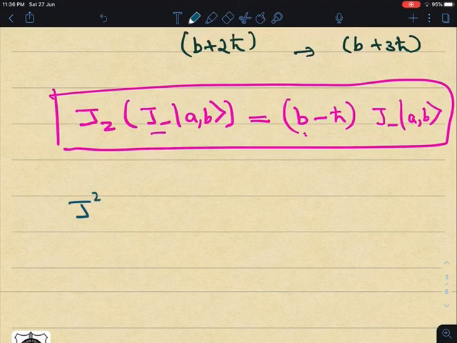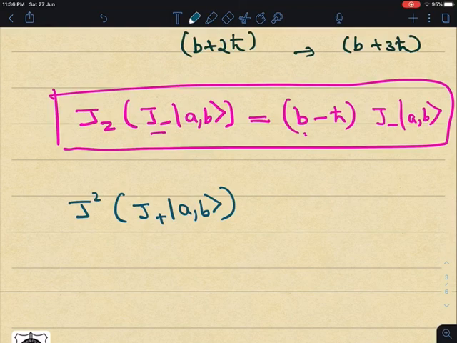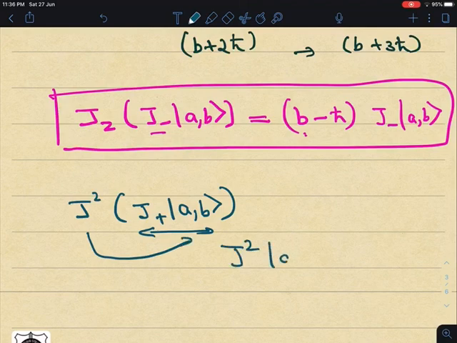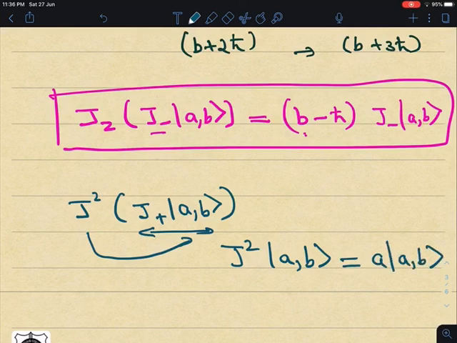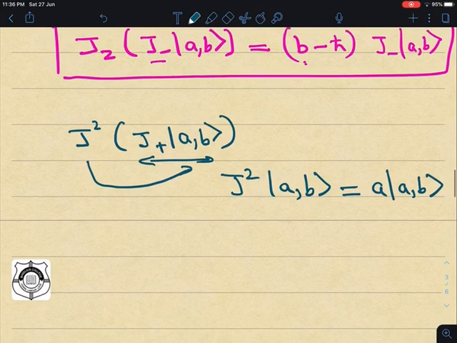So it is J square acting on J plus ket ab. We don't know what J plus acting on ket ab gives, but we do know J square acting on ket ab. What is J square acting on ket ab? It is nothing but equal to a times ket ab.